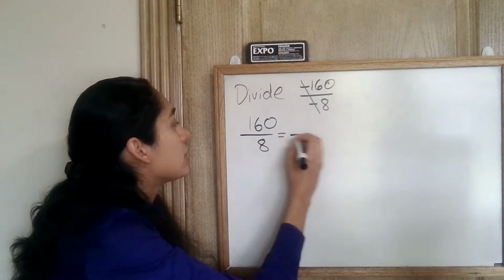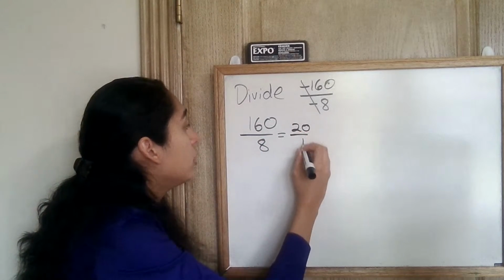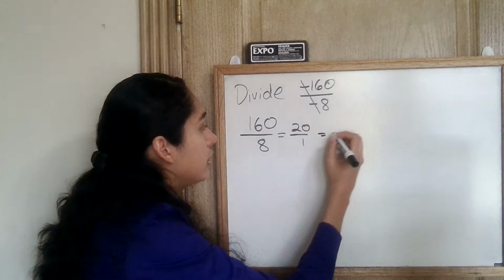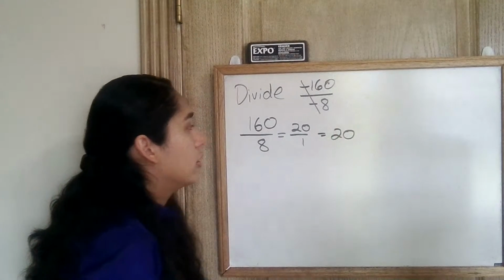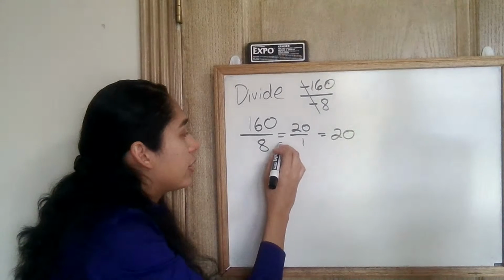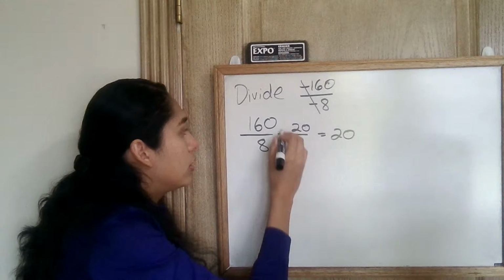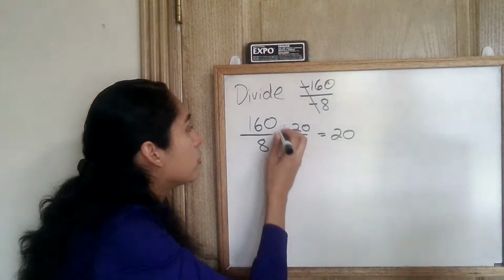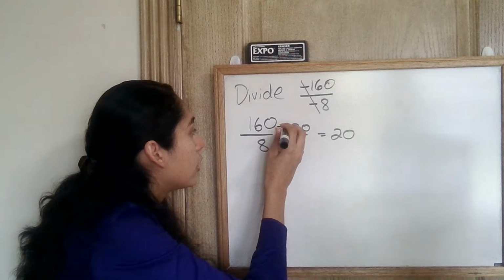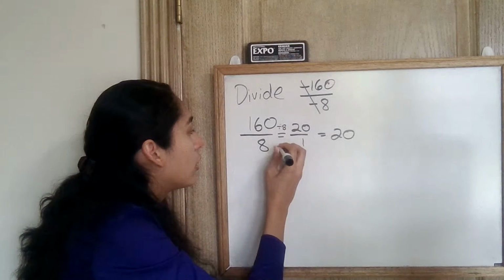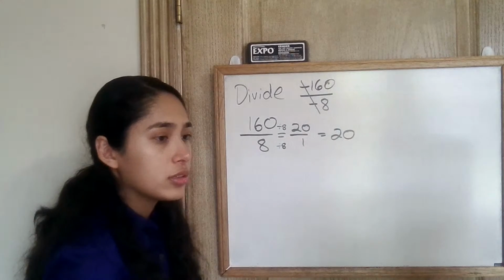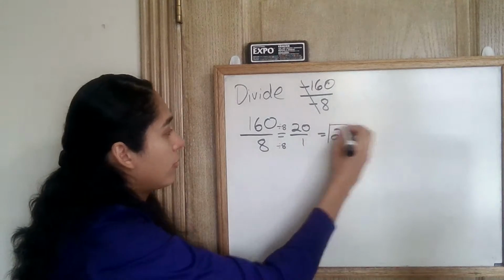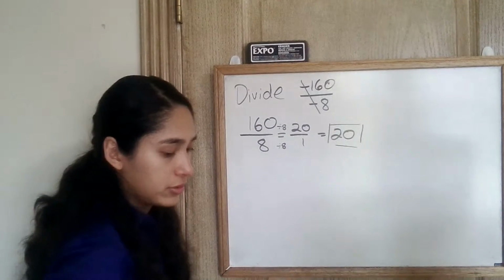I can simplify this as 20 over 1, which is really just 20. The way I did that is I divided 8 on both the top and the bottom. It's a little blurry. Yeah, that's better. Okay. That's my final answer.